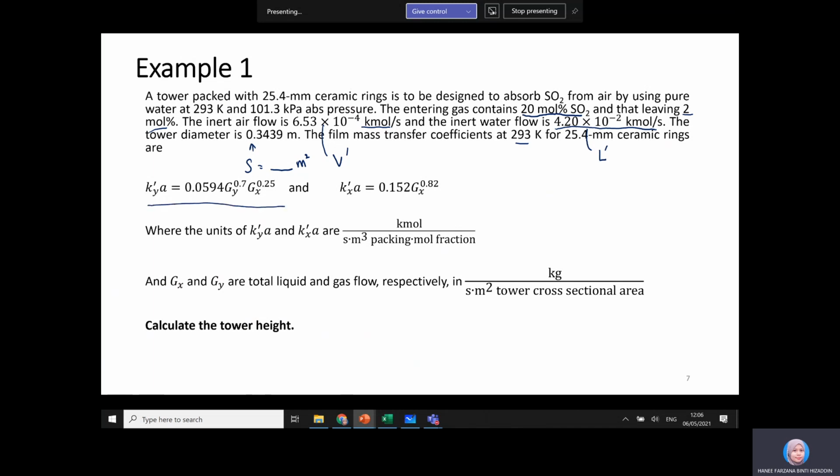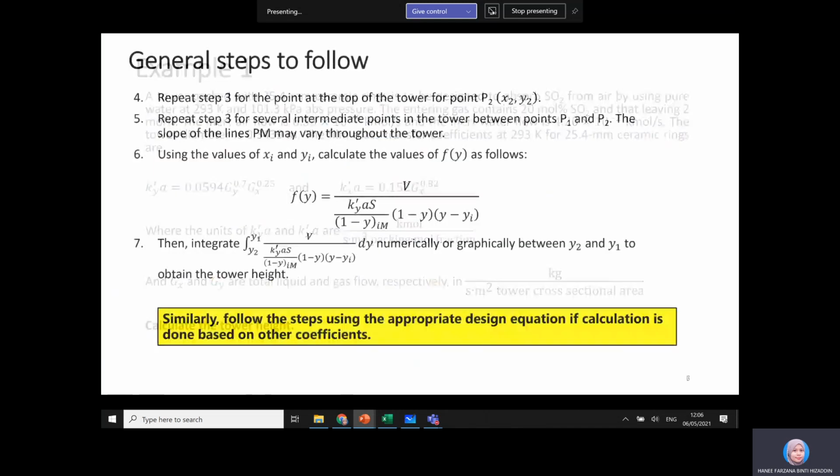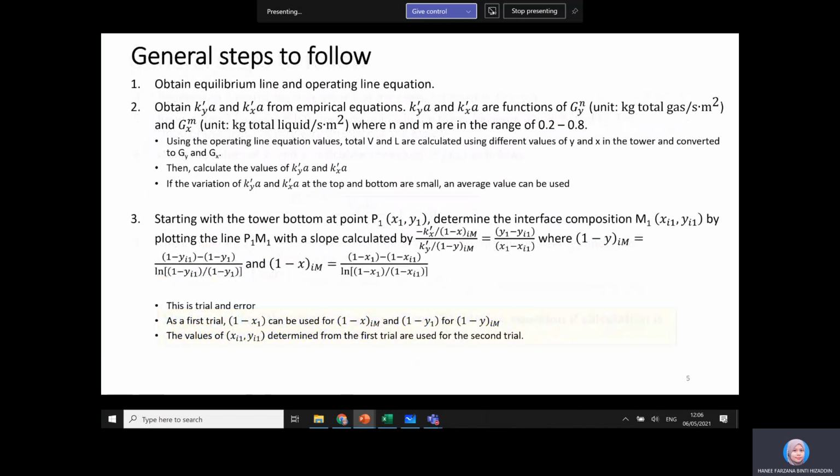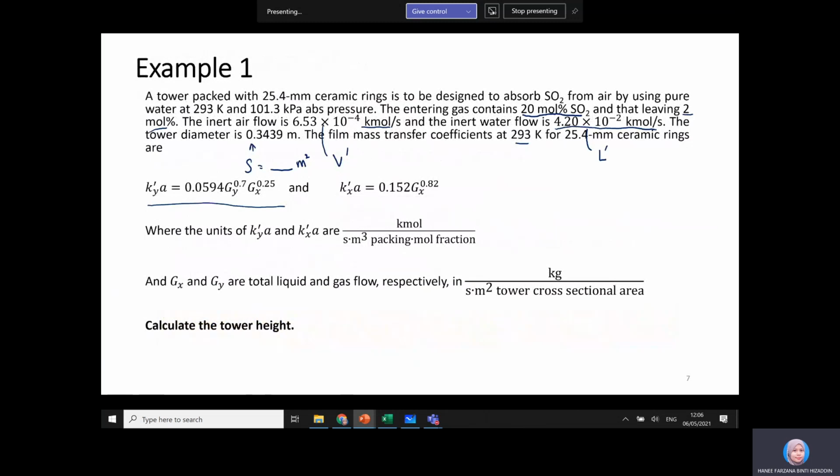Okay, to calculate KYA, this is the correlation as a function of GY and GX. And to calculate KXA you're also given the correlation. The units of KYA and KXA are kilomole per second per meter cubed of packing times mole fraction.